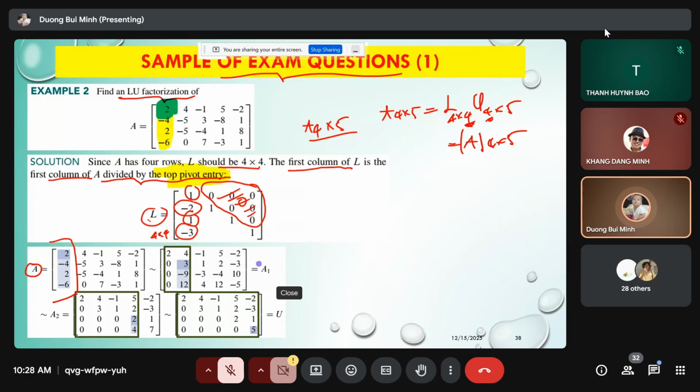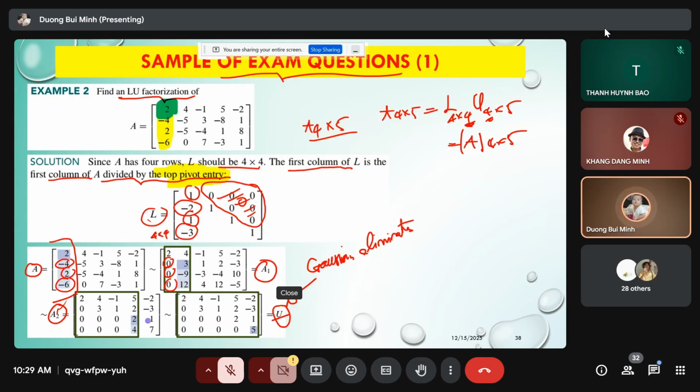From A, you can get A1, and then A2, and so on, until you get U. We just apply Gaussian elimination, and then you can get U. Here we want to modify minus 4 to minus 6, and so on, with zeros below.